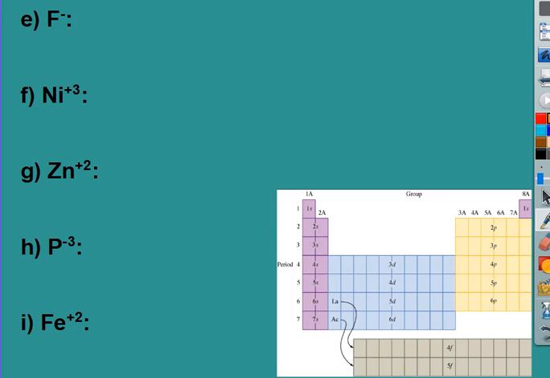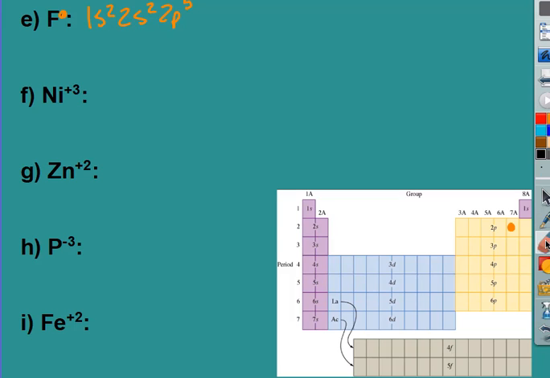Go ahead and write the configuration for fluorine, restarting when you have your answer. Again, you can ignore the negative to start with and then figure it out from there. So fluorine, you should have had 1s2, 2s2, 2p5.